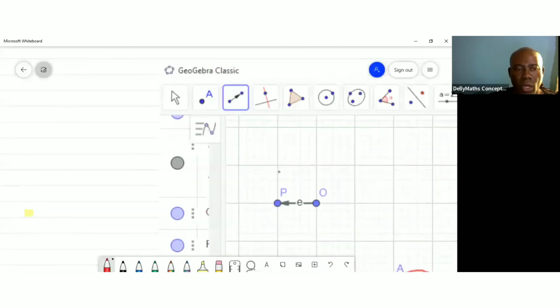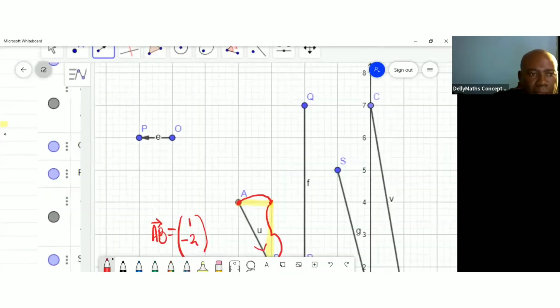Let's look at this one. If we're looking at the vector OP, we're moving from O to P. Look at the arrow. So let us see what our components are going to be. Remember, we're moving from O and we're heading towards P. The first movement has to be horizontal.